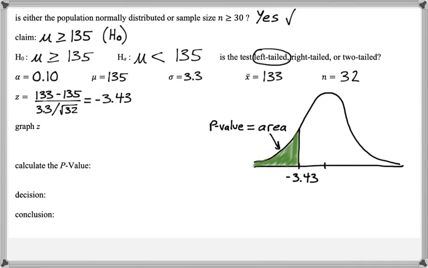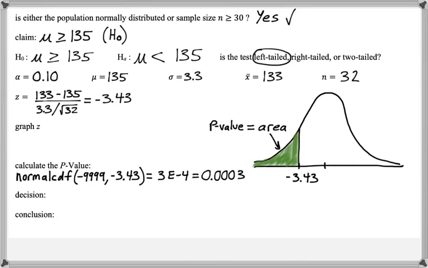So to calculate that, we can use normal CDF, negative 9,999, all the way up to negative 3.43. And that's equal to 3e negative 4, which means we need to move the decimal place 4 places to the left. So that would be 0.0003.